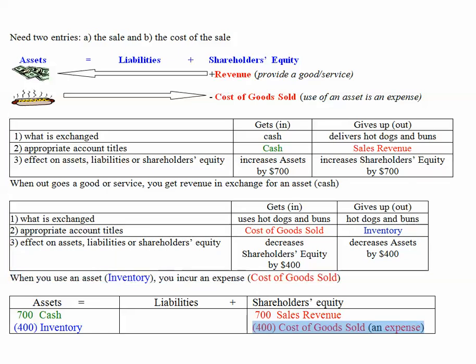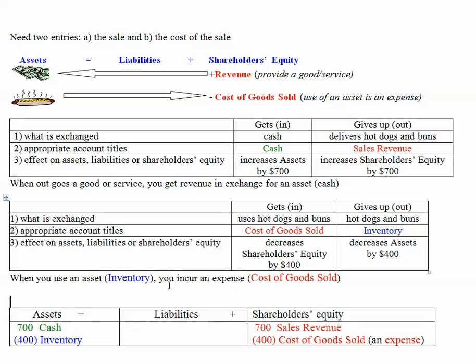So we're going to match the price of the hot dogs and buns with the cost of the hot dogs and buns. If you look at this entry now in its entirety, we're showing that we have profits of $300. Now you don't just record the 300 because this is valuable information for the readers to know that the price was 700 and the cost was 400.